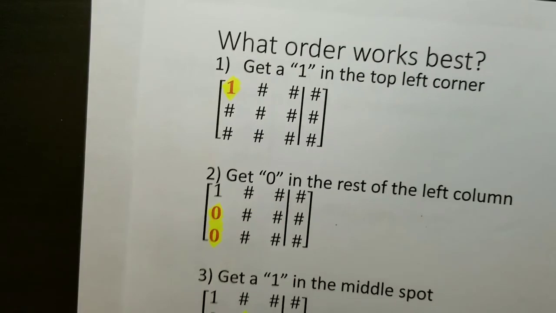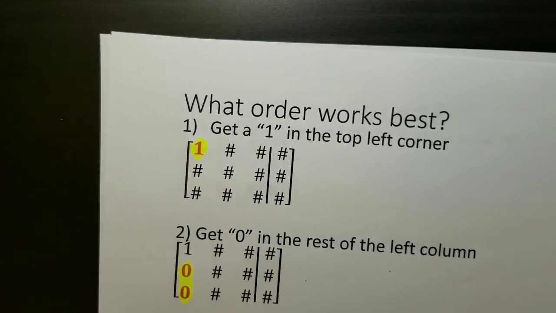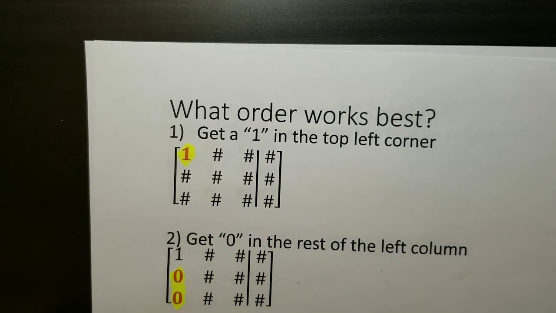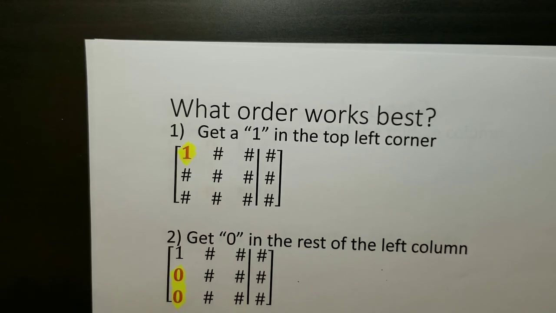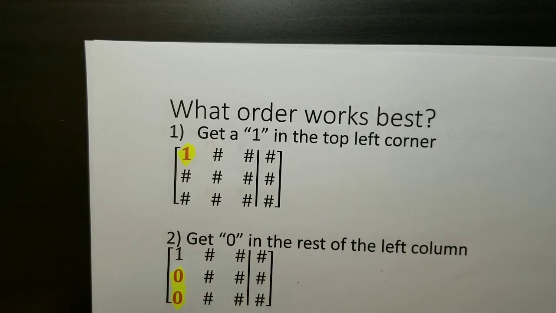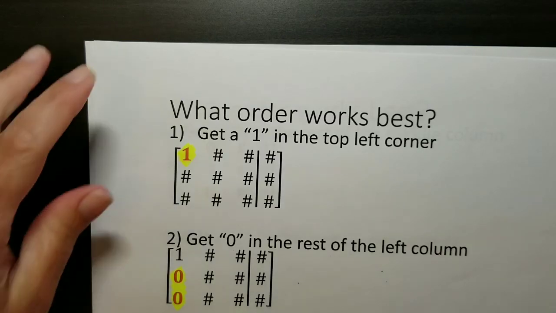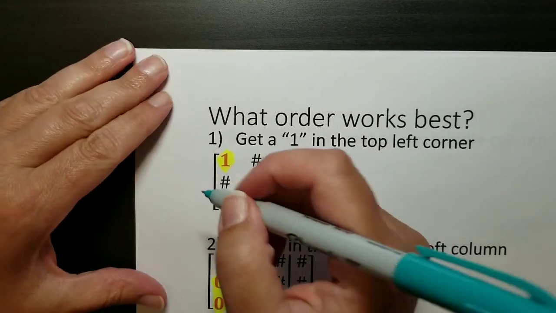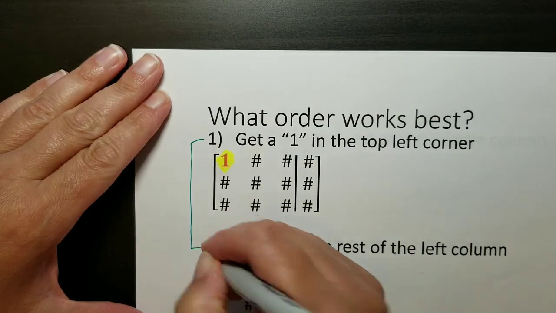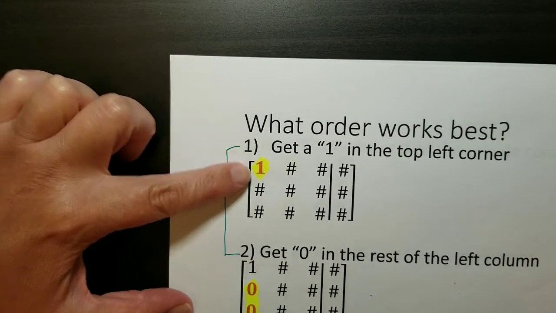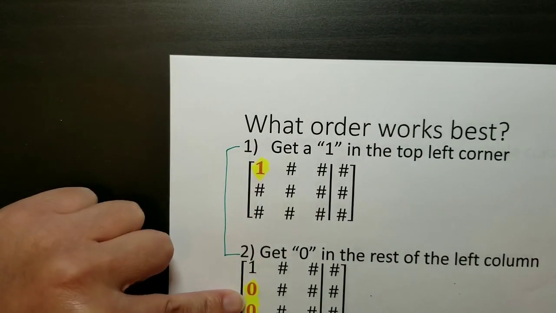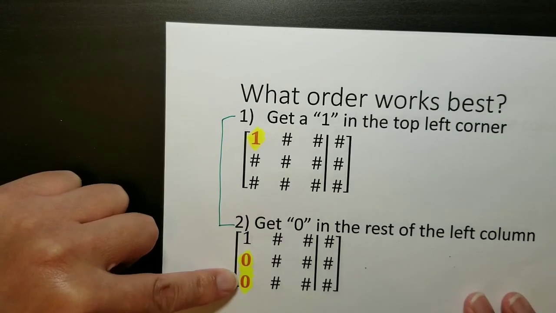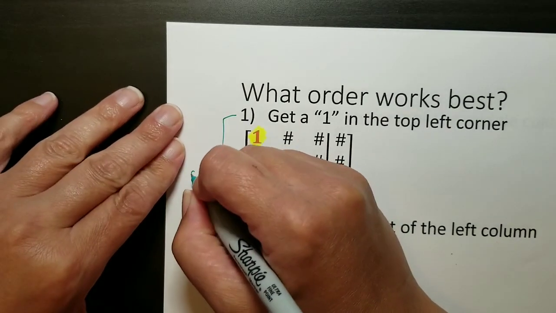Especially once you get used to this, you can combine steps. For the first problem I'm going to work through, I'll go very slowly step by step and look mostly at these in order. But you can do these 2 steps together. You just get the 1 here, and then in the same step of your solution, you could also get 0s.